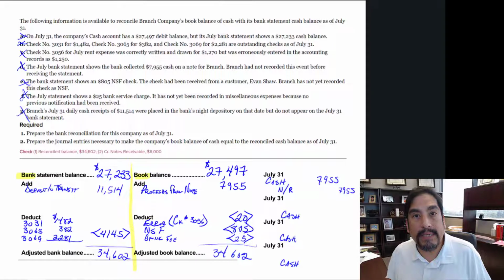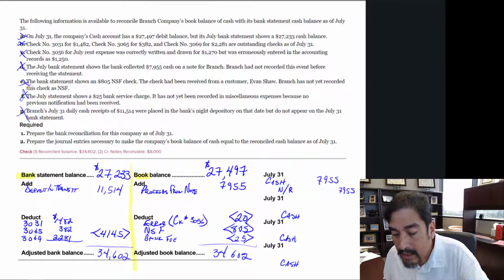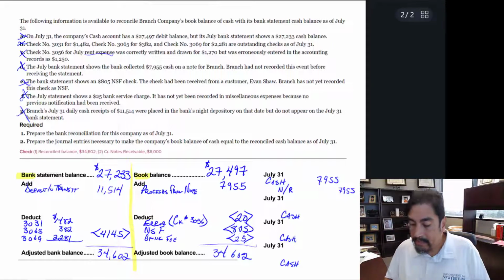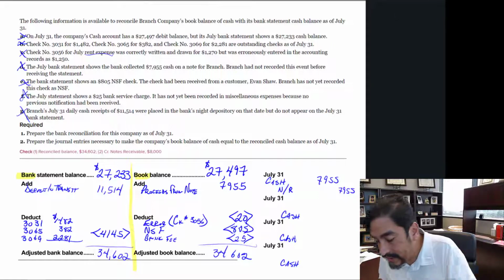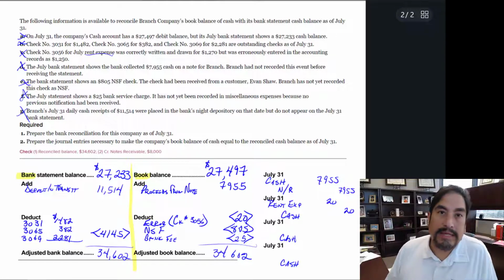Note receivable is an asset account that we are reducing. Next, there's that error, and that error was up there in C. It's for rent expense. So we need to record more rent expense. That's the journal entry for that.